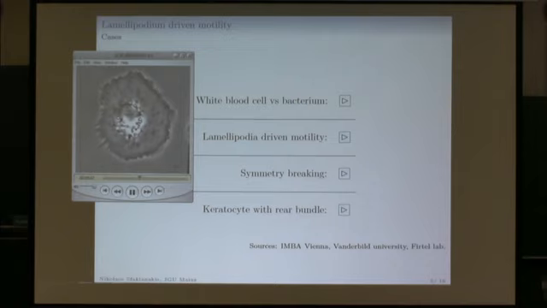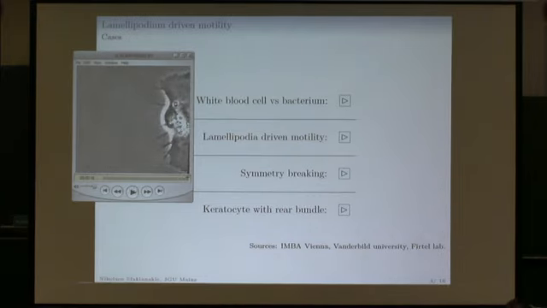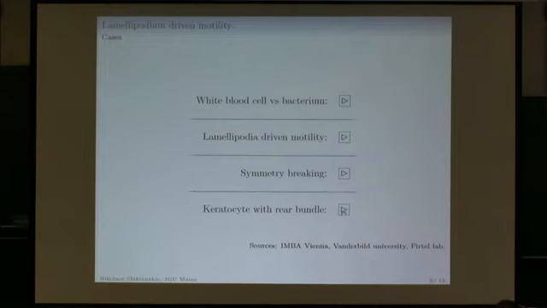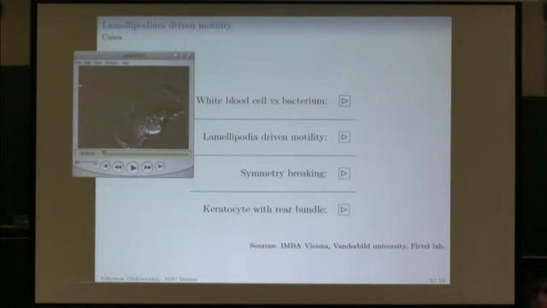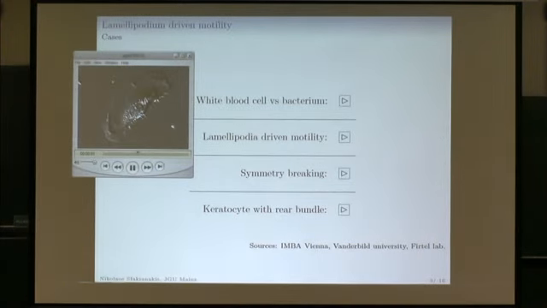As soon as the symmetry of the lamellipodium breaks, the effective force pulling to the side prevails and the cell starts moving. The symmetry breaking is of interest to us, and how the motility is induced. After the symmetry has been broken, the motility is kind of constant, as in this case of a fish keratocyte. So this is our object.